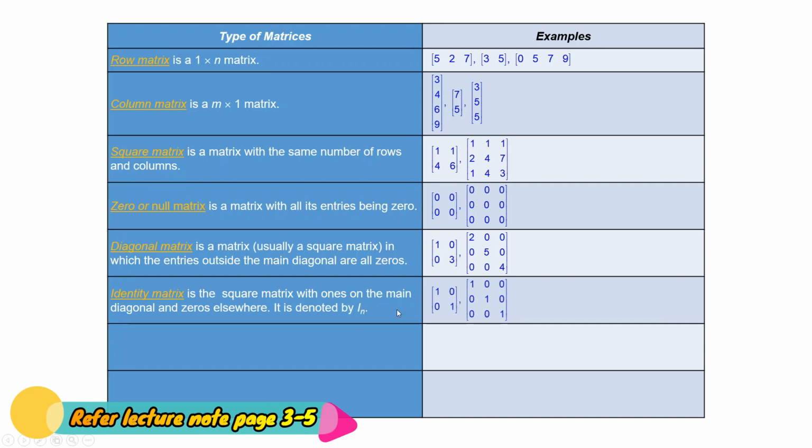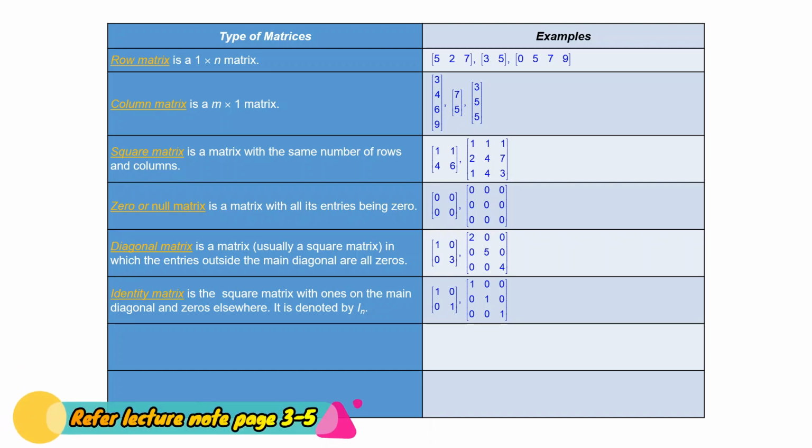For example, we have 1, 0, 0, 1. If you observe carefully, all the entries on the main diagonal are 1, and the rest will be 0.